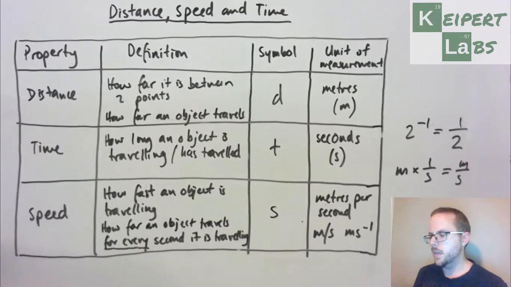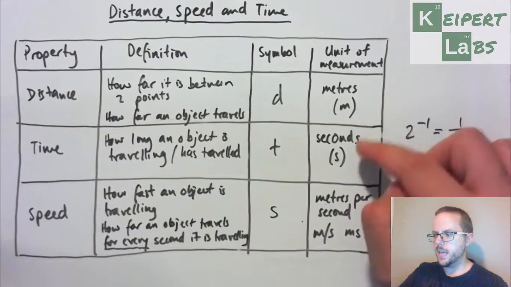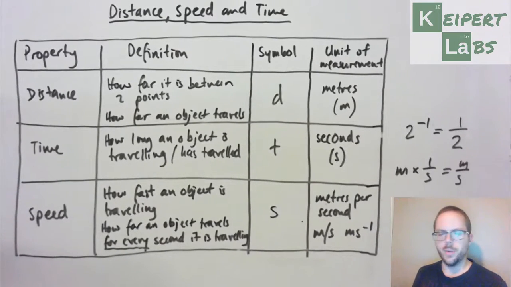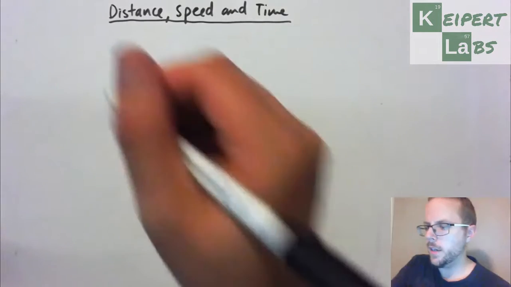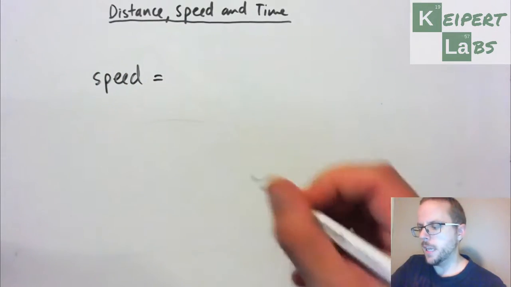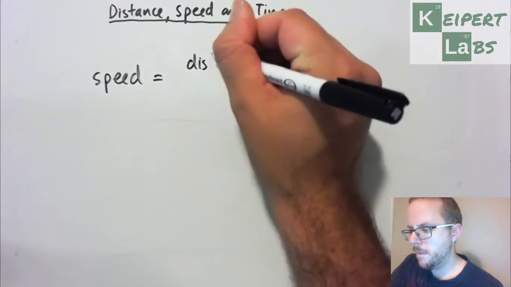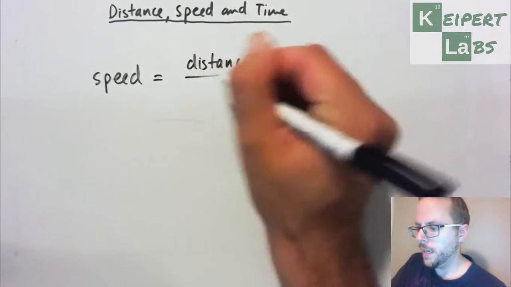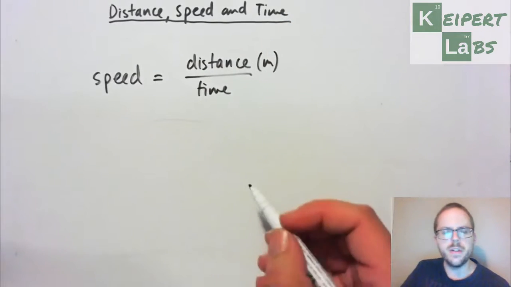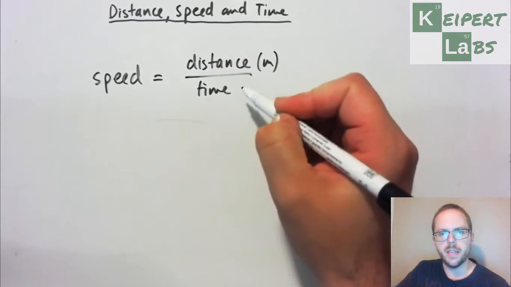So what we can see is that distance and time are related together by the property we call speed. I'll show you a little bit about how we can relate those two together now. We said that an object's speed is related to how far it travels for every second that it is traveling. So that is its distance divided by its time.